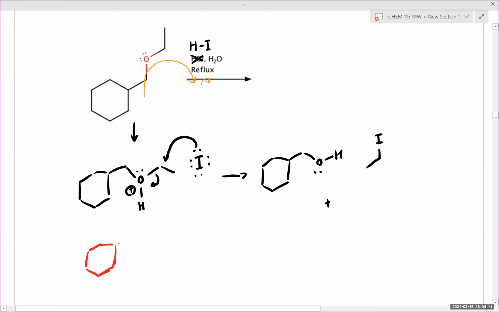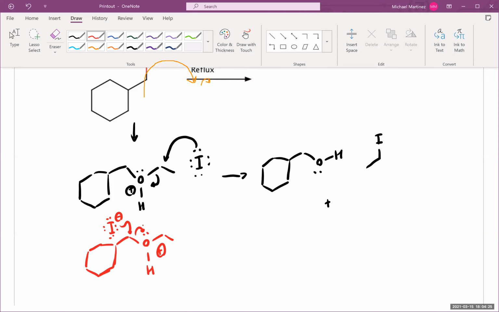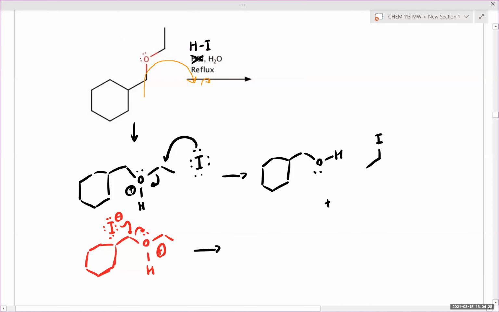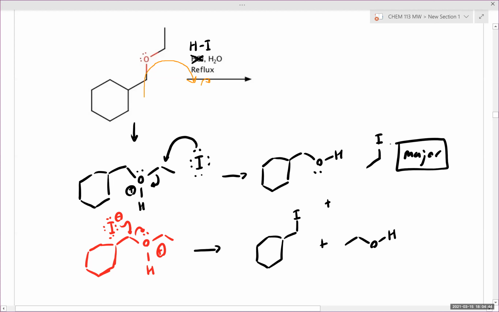Although this is a minor product, the difference in steric hindrance is not large enough that you'd get complete selectivity. So your iodide could very easily just attack the other quote unquote secondary position, and that would give us the following primary alkyl iodide as well as a primary alcohol. So we do see a mixture with the first set of products being the major product.